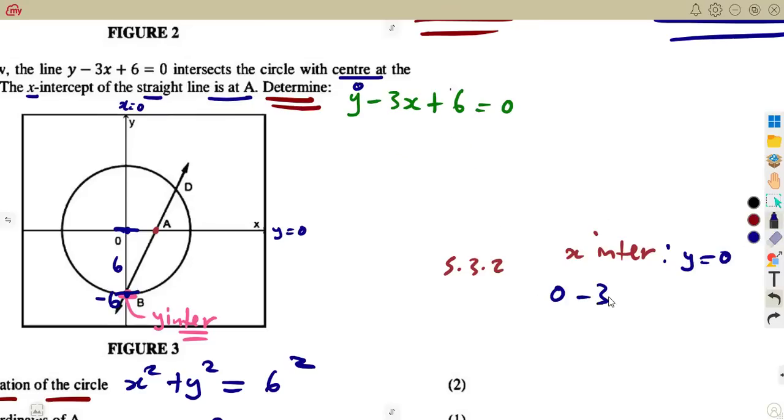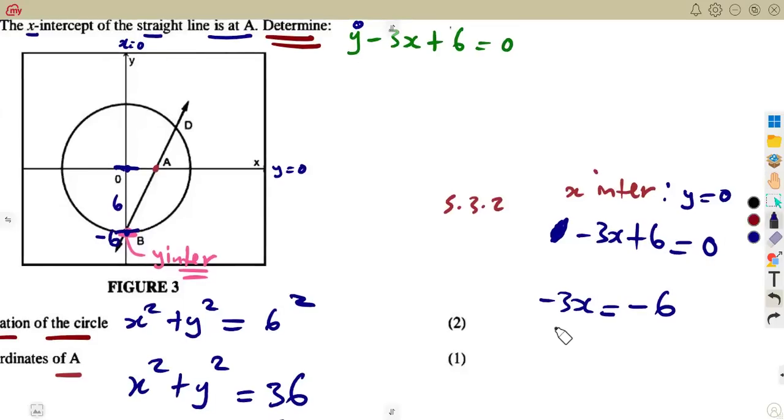0 minus 3x plus 6 is equal to 0. You solve for x. y is 0. So minus 3x is equal to what? The 6 to the other side is going to be negative 6. It was positive, so it changes. Divide by negative 3, negative 3. That's our x, which is a positive 2.